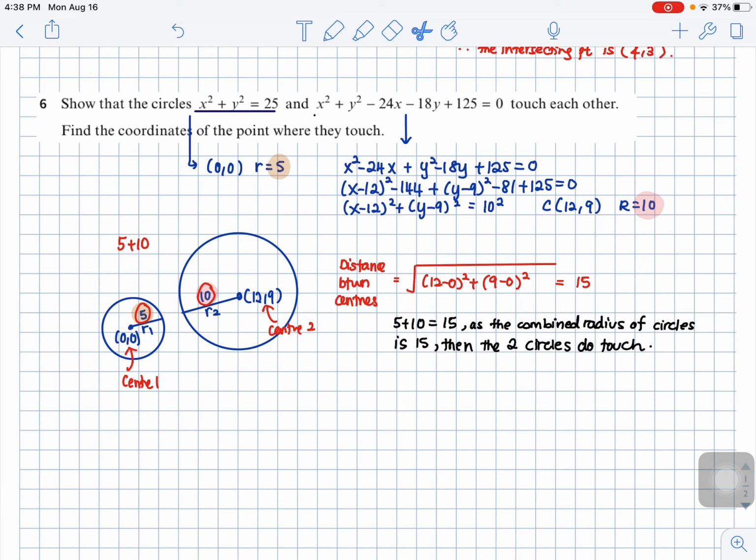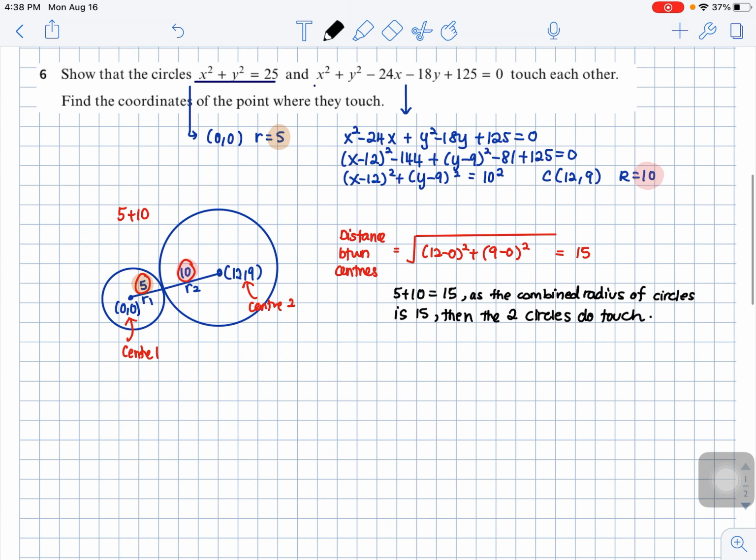Since I have proven that they are touching, how do I find the intersection point easily? In the second part, I have to find the point, right? I need to find the exact coordinate. You use the concept of ratio. So how does it work? You draw a line. See, you have a big triangle, right?